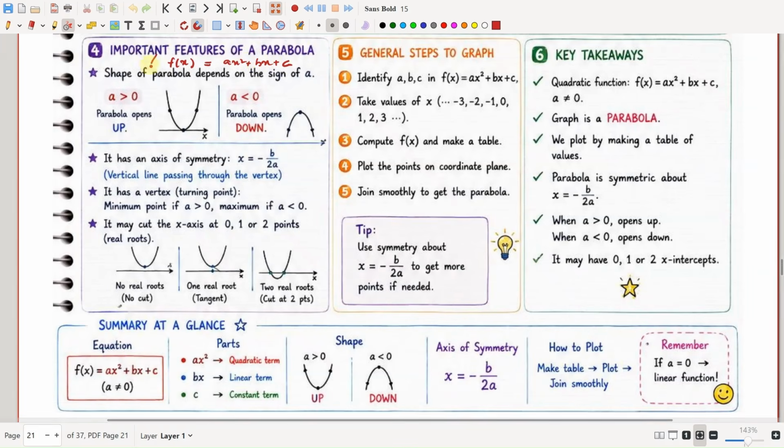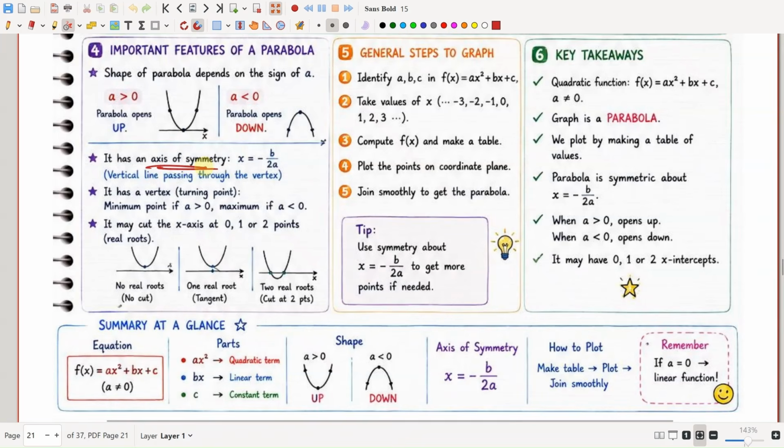This is the general form of the quadratic equation, and the shape of the parabola depends upon the sign of a. If a is greater than 0, the parabola opens upward, and if a is less than 0, the parabola opens downward.